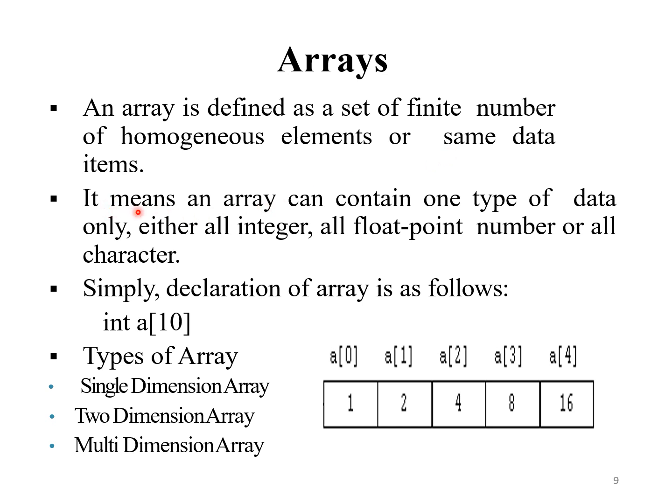So an array can contain one type of data only, either all integer or floating point numbers or all characters. Declaration of array: int is the data type, a is the array name, and 10 is the size of the array. Types of array are single dimensional array, two dimensional array, and multi-dimensional array.